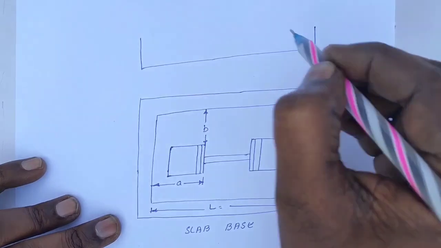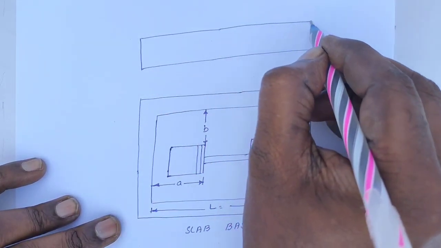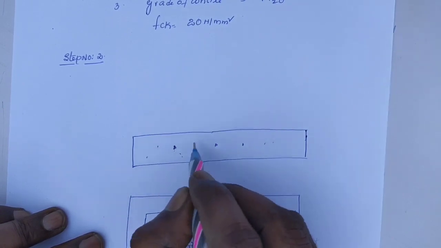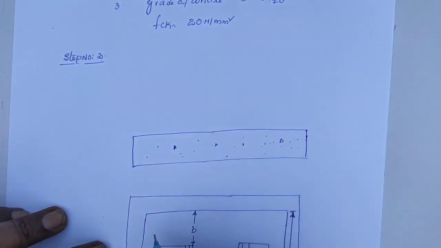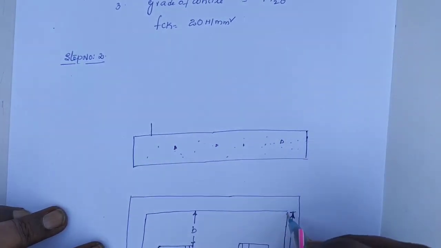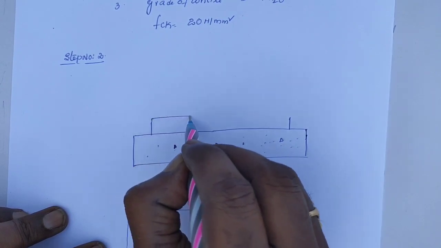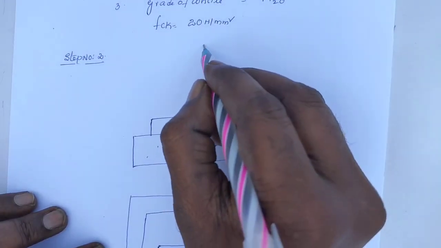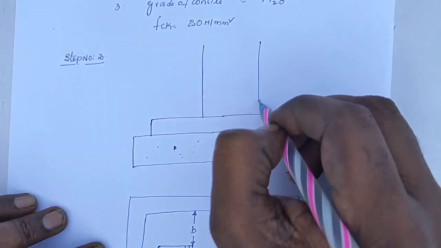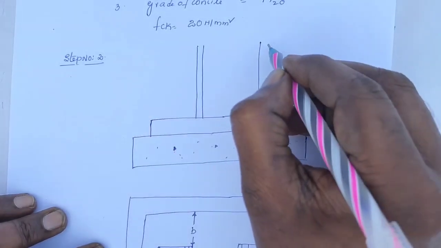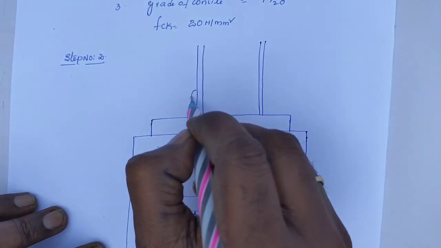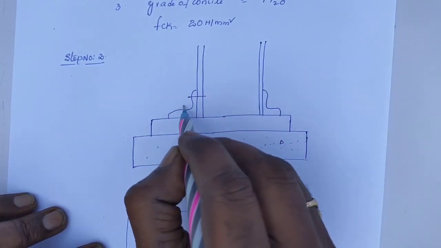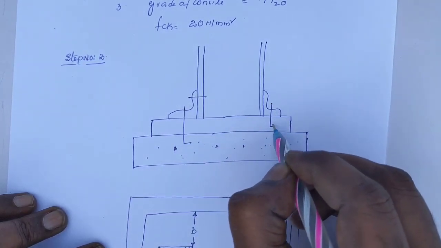In the section, the first layer is RCC, the grade of concrete is M20. The second layer is the base plate, and the third is the column, column size ISHB 300 at 577 Newton per meter. Here we have cleat angles and 4 numbers of J bolts.